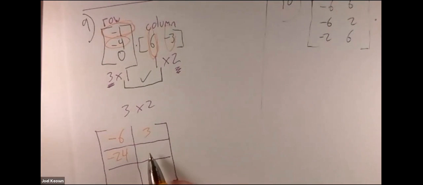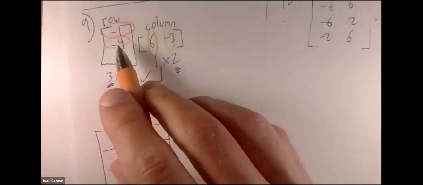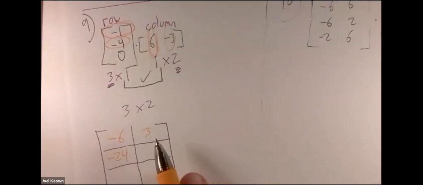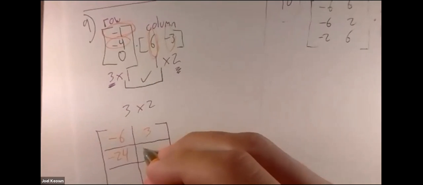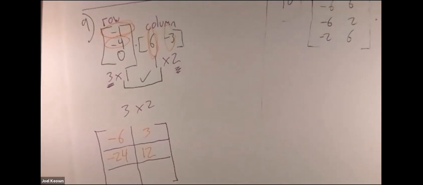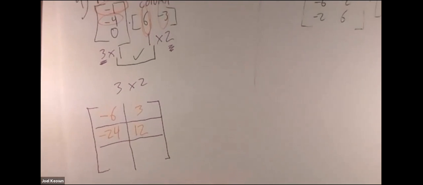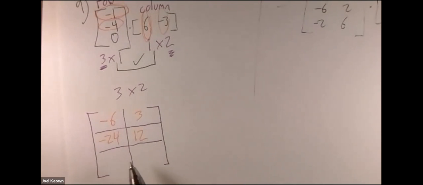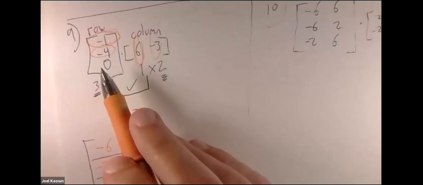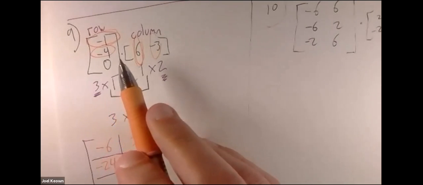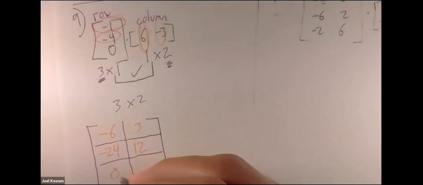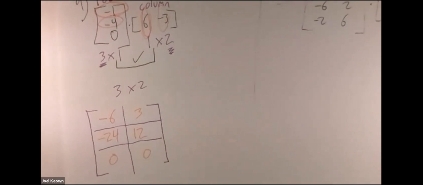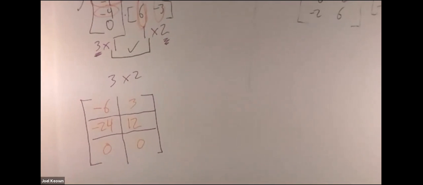This box right here is in the second row, second column. So -4 times -3 makes 12. Lastly, these two numbers are in the third row. Well, notice that my third row is a 0. Well, so I'll have 0 times 6 and 0 times -3, both of which will give me 0. So this would be my answer.